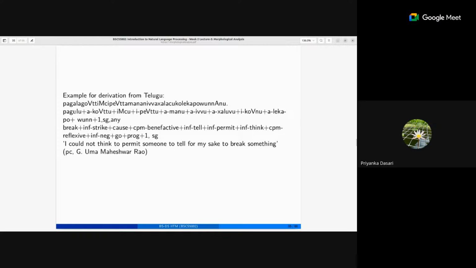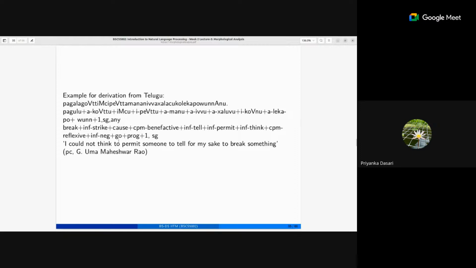See, pagalu is a verb, kottu is one verb, and here a is a past tense marker. This is also an auxiliary verb. This is also a verb. Here, manu, ivu, these are all verbs and their past tense markers, and it also gives the gender, person, number information. It's all glued in one word.